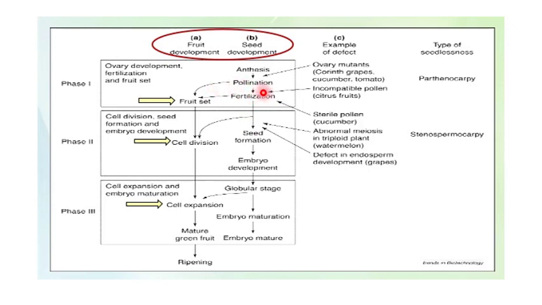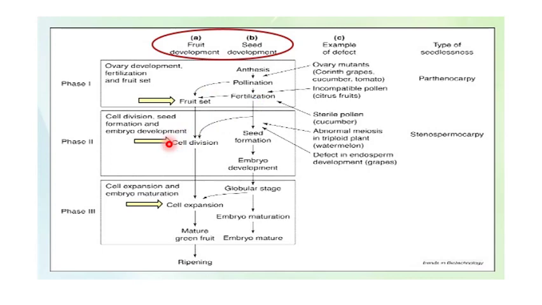And if pollination does not occur properly, then fertilization also cannot be properly performed. That's why the fruits become parthenocarpic. It means it depends on the ovary to decide either to abort or to go further in fruit development.